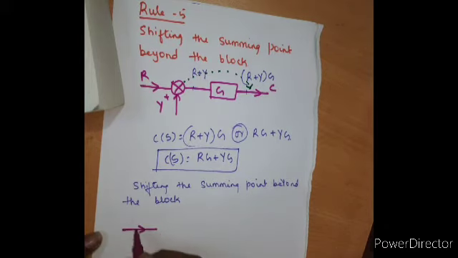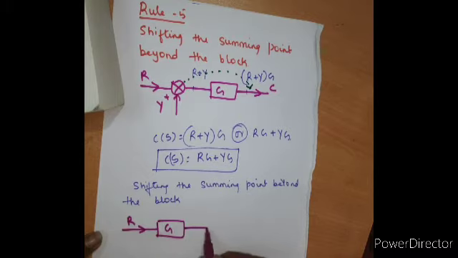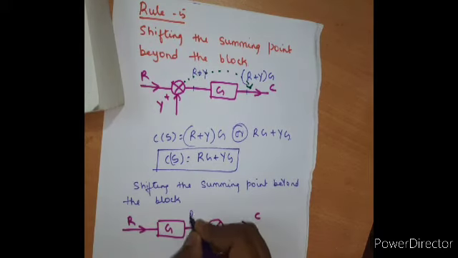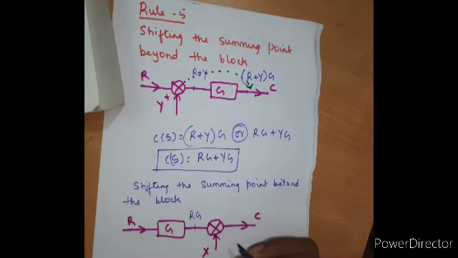I have an input of R here, then G, my summing point is shifted here. That shifted summing point I will name as X, then output C. Here R and G are in series, so output will be RG. Now here the output will be RG plus X. So C will be equal to RG plus X.